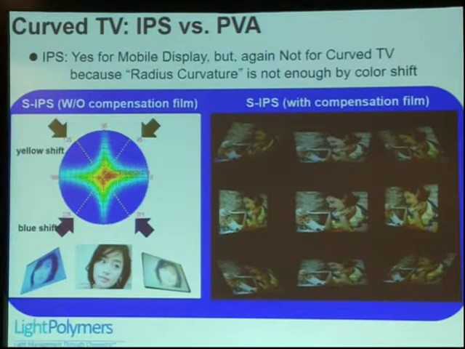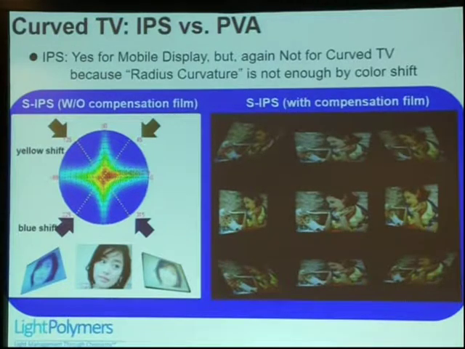In the flat TV, the compensation film could compensate it. By the way, in the curved TV, IPS mode technology cannot have a small radius coverage. That's why LG Display also escaped to OLED TV.